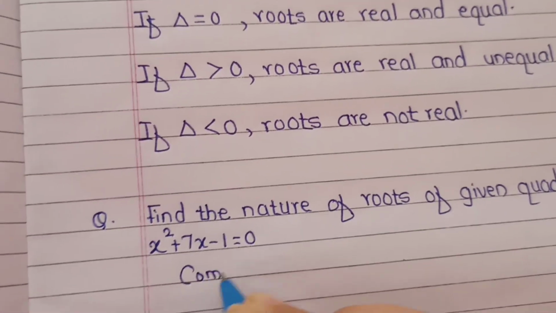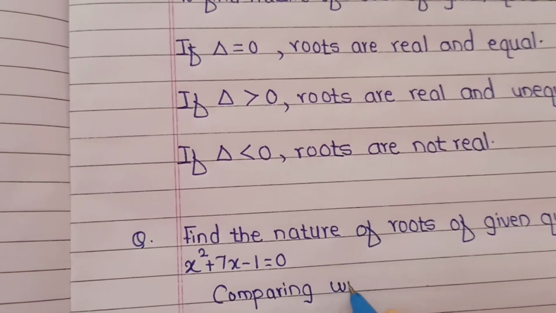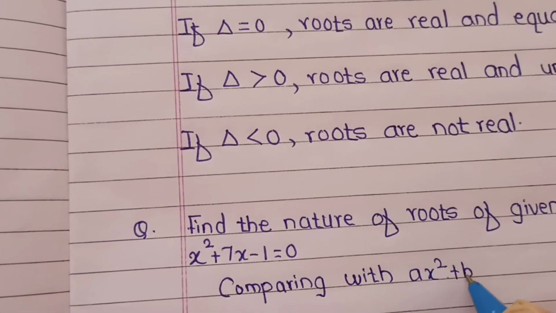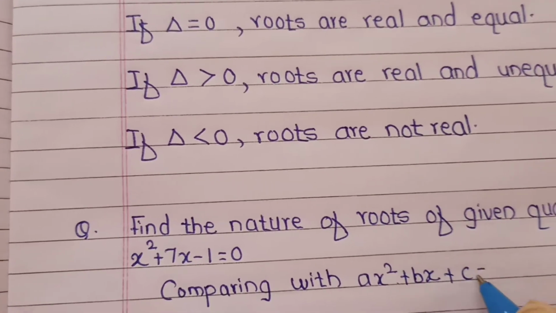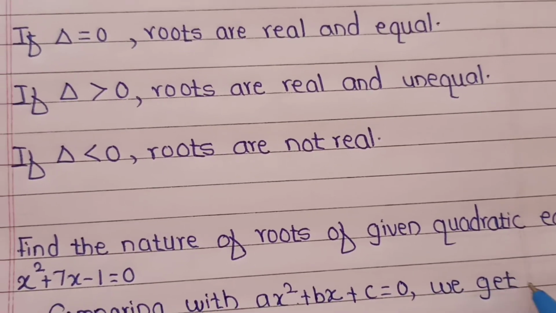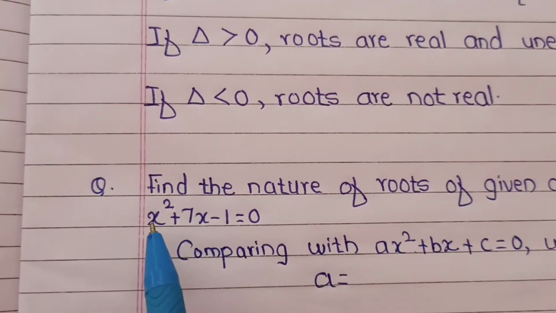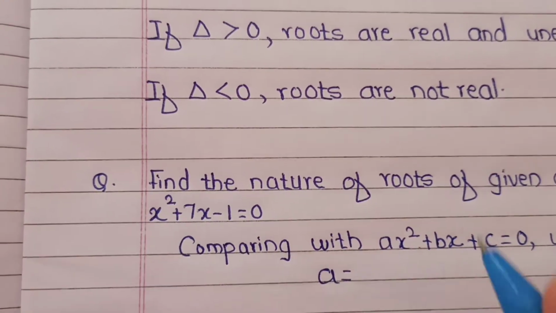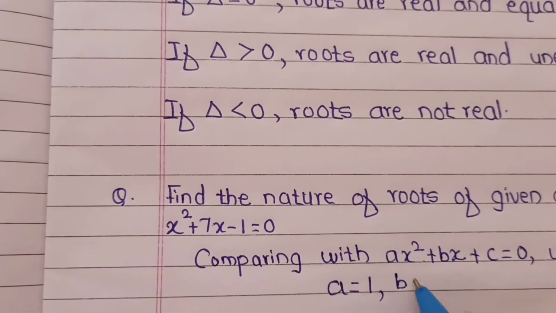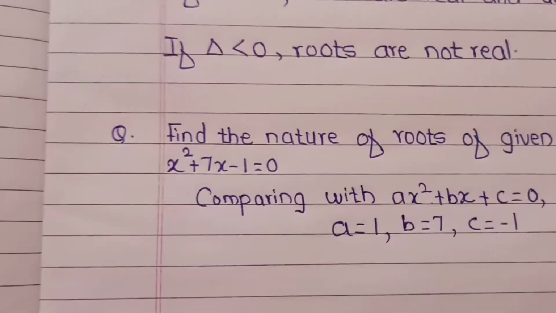So comparing with the standard form, which is ax square plus bx plus c equal to 0, we get, here the coefficient of variable x square is the value of a, which is 1, the value of b is 7 and the value of c is minus 1.